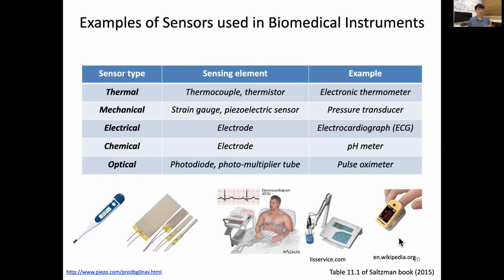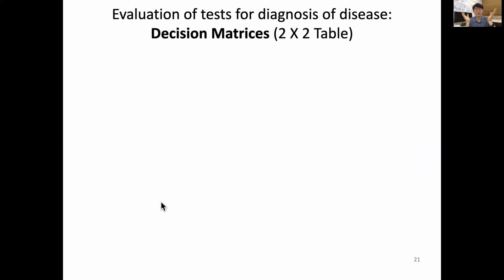Okay, so now let's discuss developing a new diagnostic test. Let's say we have a machine which measures some body fluid of a patient, and it gives out a result saying, hey, you've got this disease or you are free from the disease.